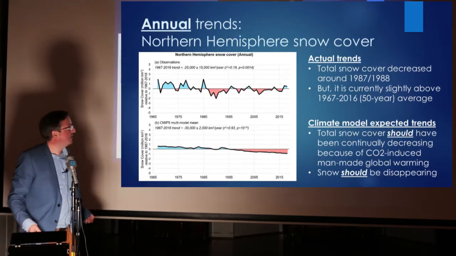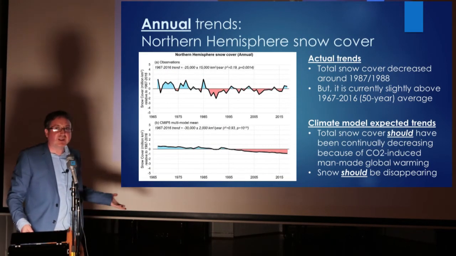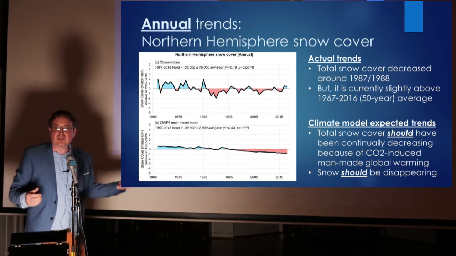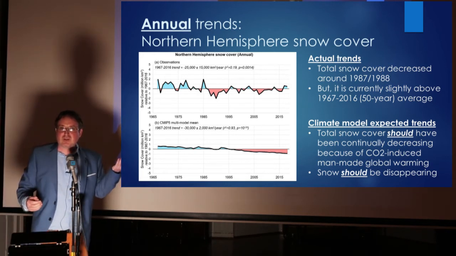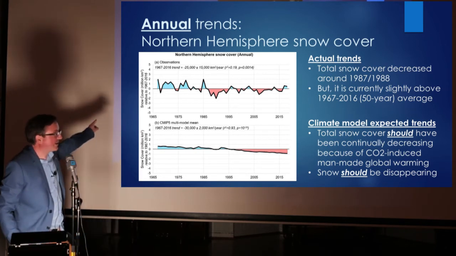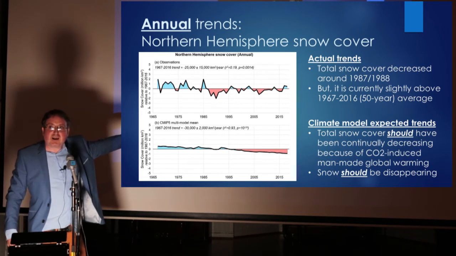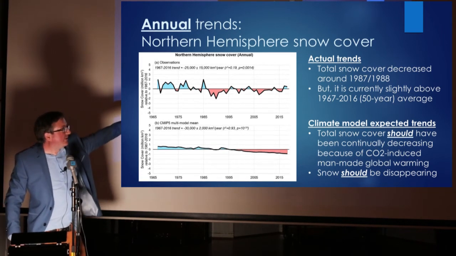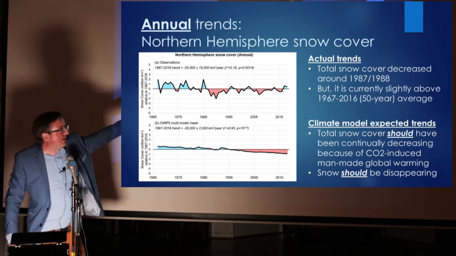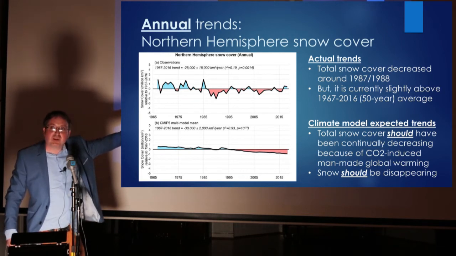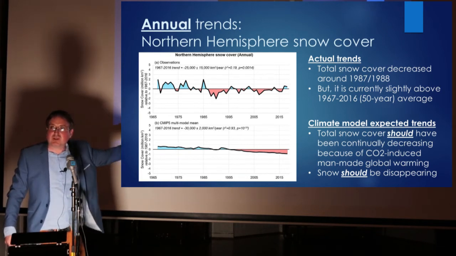So the next slide. This is for the annual trends. This is the average over all 4 seasons: winter, spring, summer, and fall. And you can see a slight linear trend decline. But you notice that the last 2 years are actually slightly above the 50-year average.